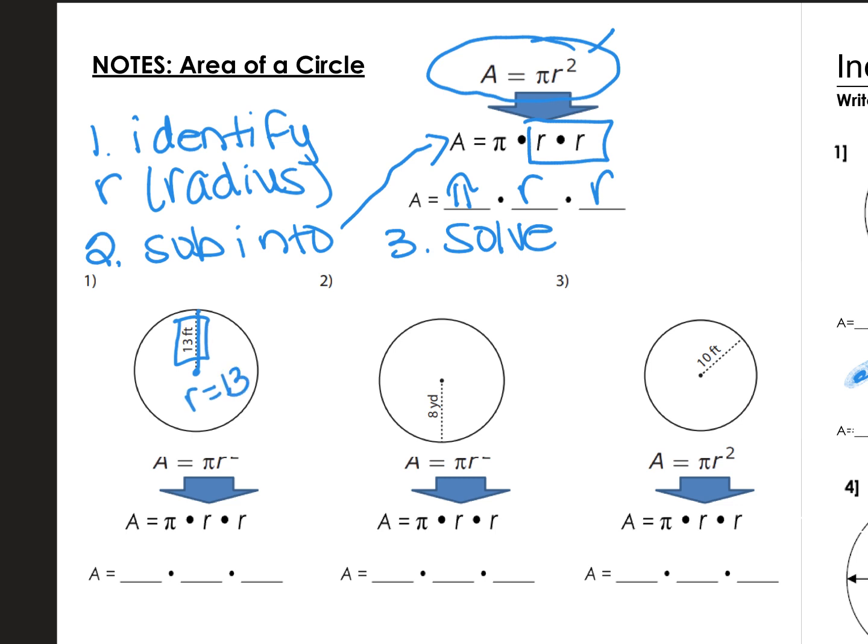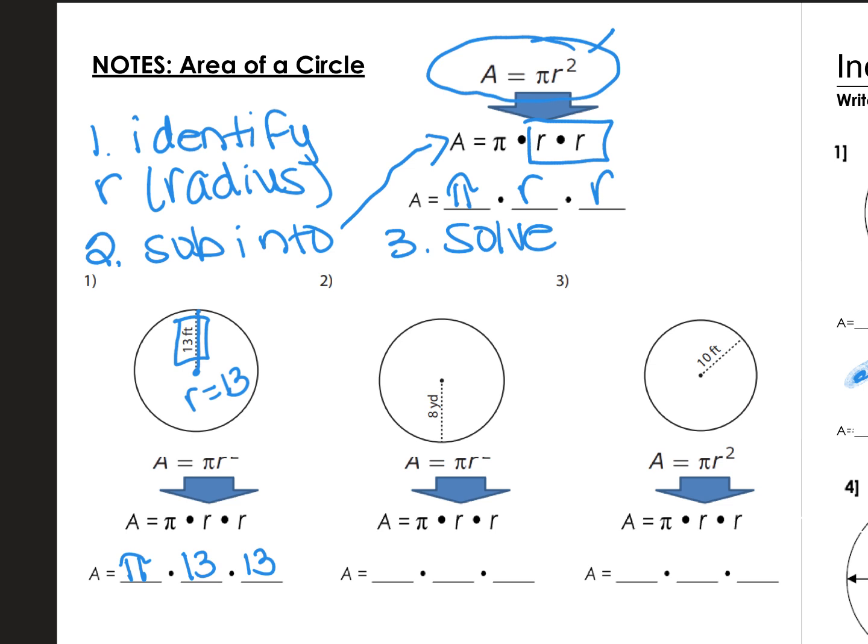That's step 1, I identified the radius. Now I'm going to plug it into my formula. We know that area equals pi r squared, or if I write it out, it's pi times 13 times 13.